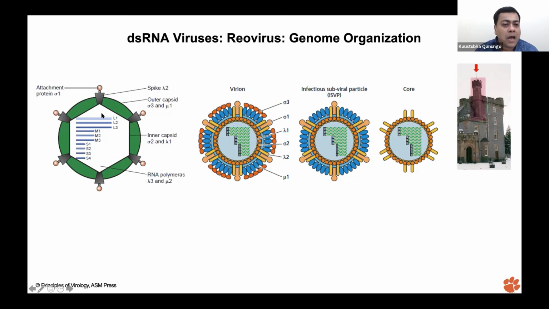But the number of RNA segments cannot be more than 12, because there are 12 turrets, one at each vertex, and each is associated with one of the RNAs. Below, you have the RNA polymerase, which makes the mRNA, and this mRNA goes out through the specific portal. So you can also think that each portal is the passage for each specific mRNA out of the double-stranded RNAs.